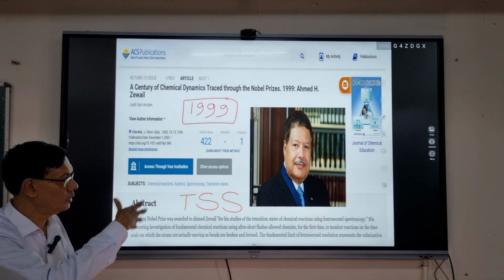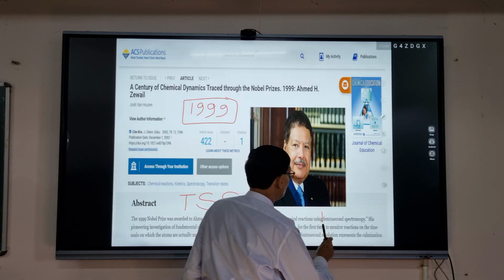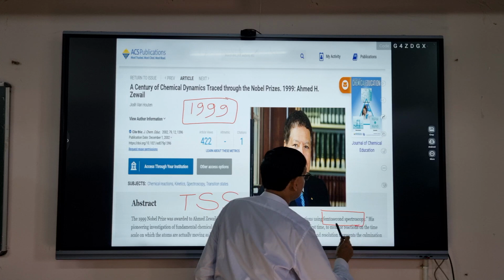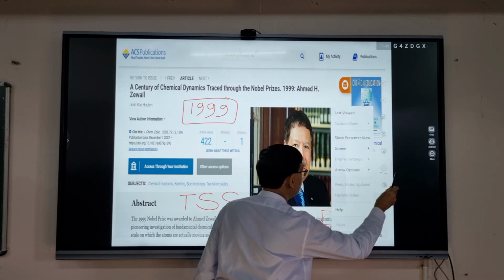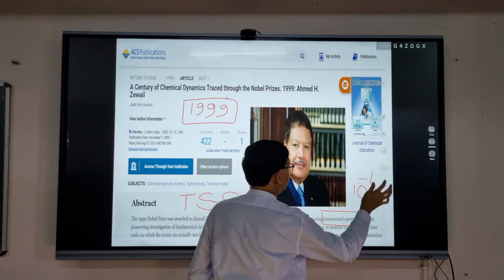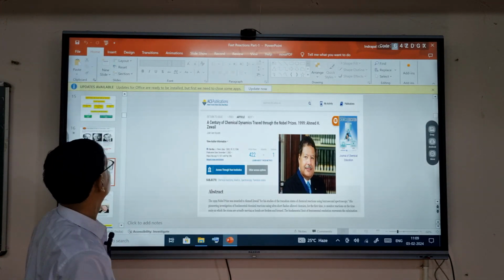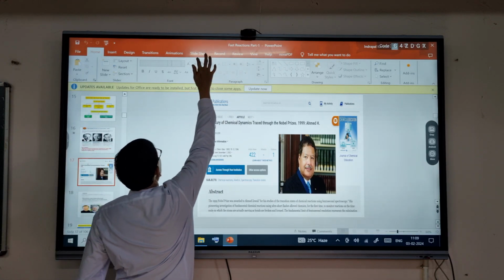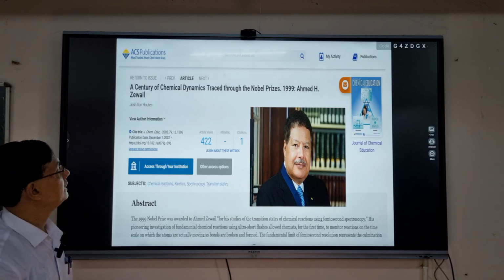But basically it is also a fast reaction technique, called femtosecond spectroscopy, 10 to the power minus 15.